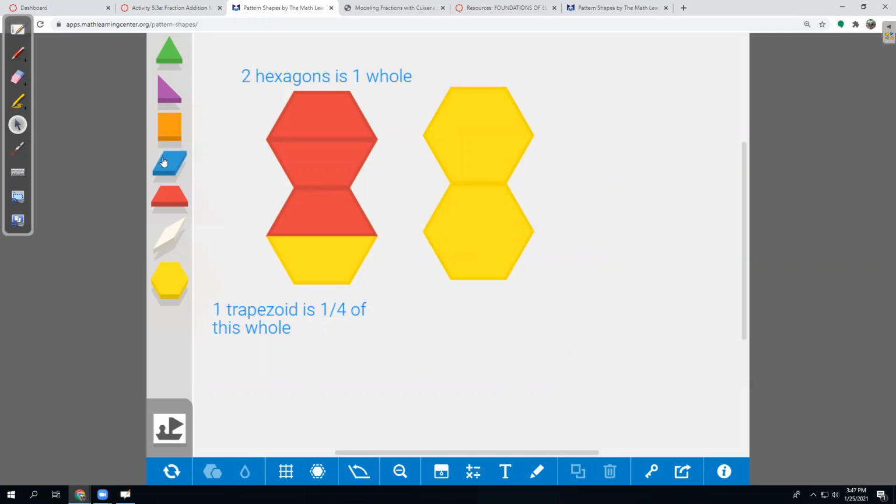Well, this was a third before, but now what is it? The blue piece. One-sixth. It's 1/6, and so to show a third, I would need to put 2 of them in there.